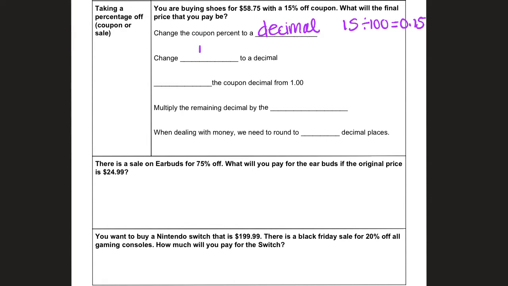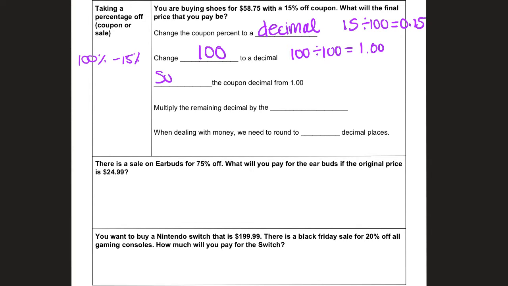Then we're going to change 100 to a decimal, because if we have 100% of the cost, so the cost without any discount, minus that 15% off, that's why we're subtracting. That's why we're going to change them all to decimals. So 100 divided by 100 is just 1.